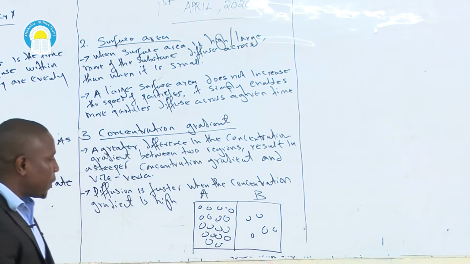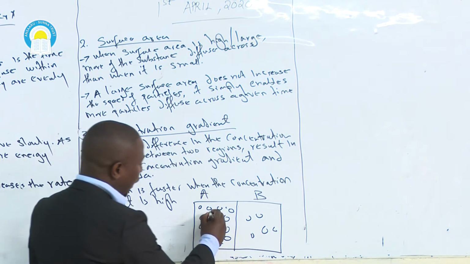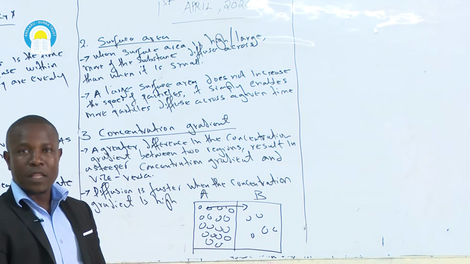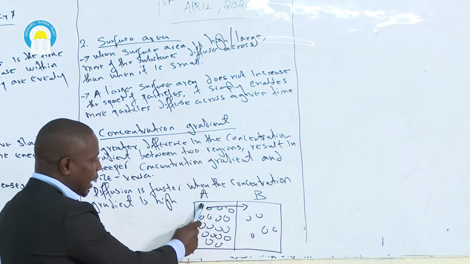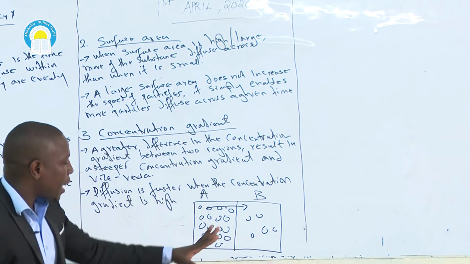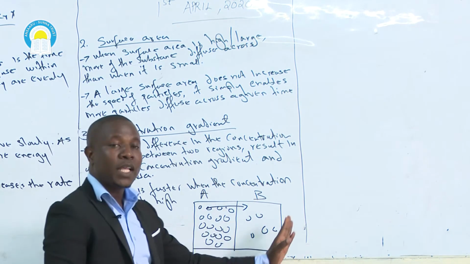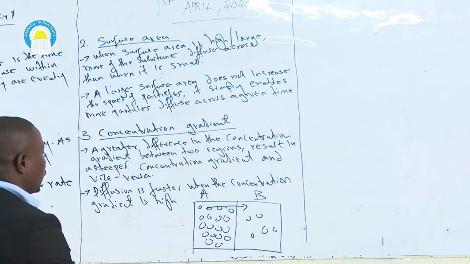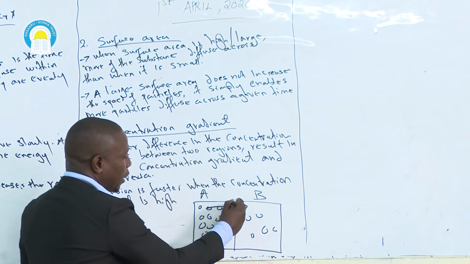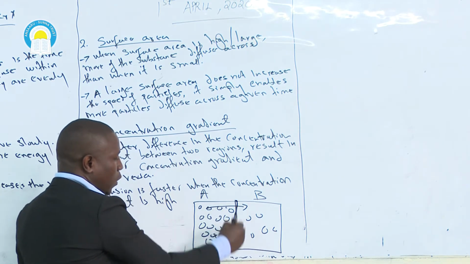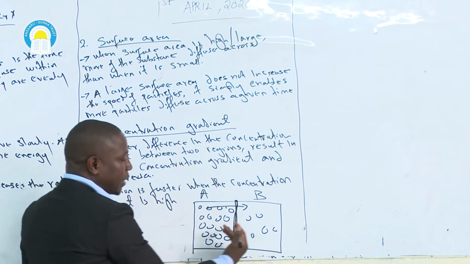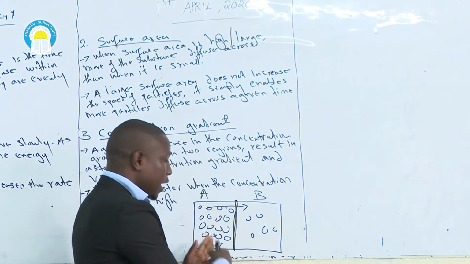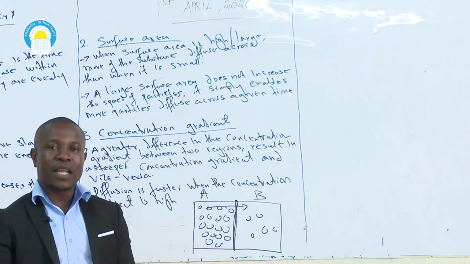So definitely the particles are going to move from region A to region B, from the highly concentrated region to the lowly concentrated region. This is the concentration gradient, whereby one side is highly concentrated and the other side is lowly concentrated. And this feature enables diffusion to take place.